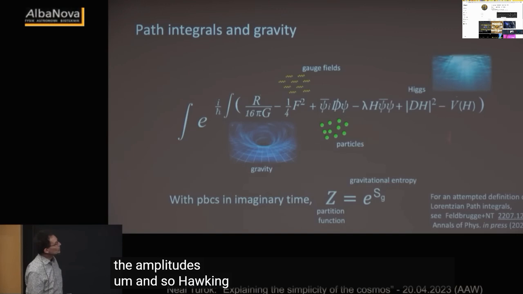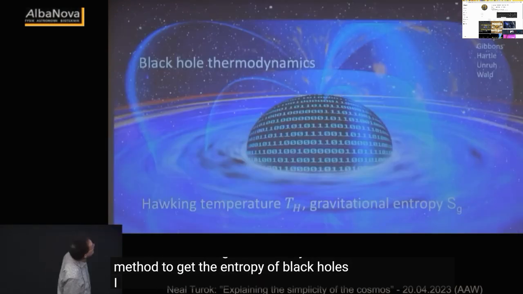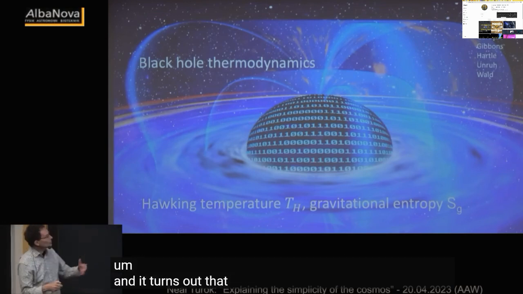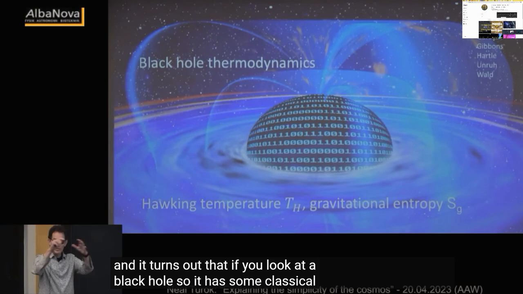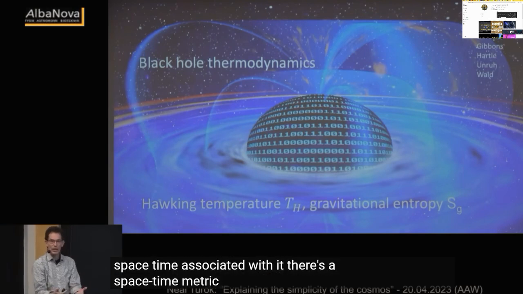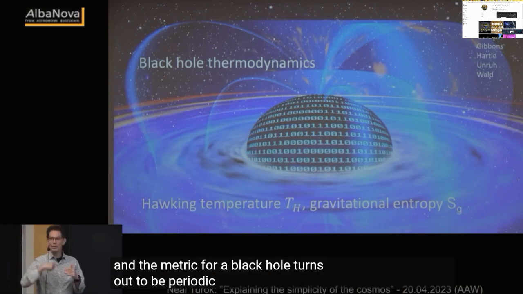And so Hawking used exactly this method to get the entropy of black holes. I think that's this picture. And it turns out that if you look at a black hole, so it has some classical space-time associated with it, there's a space-time metric, and the metric for a black hole turns out to be periodic in imaginary time.